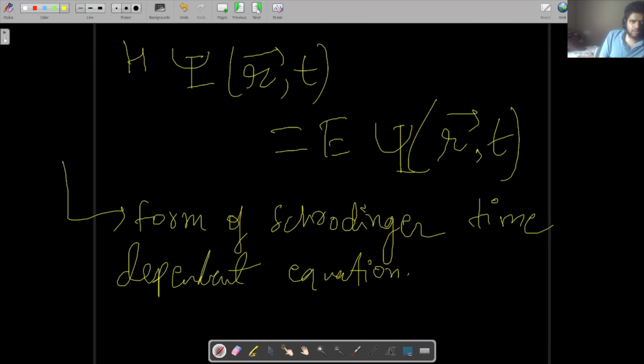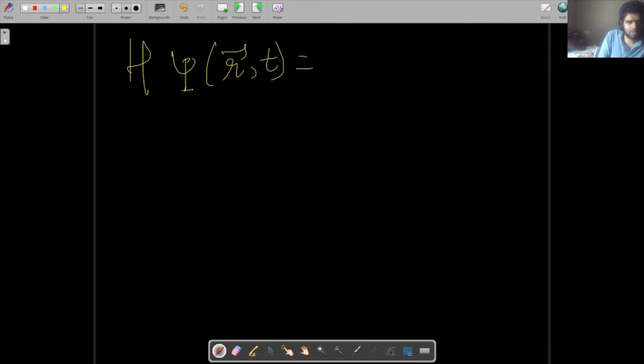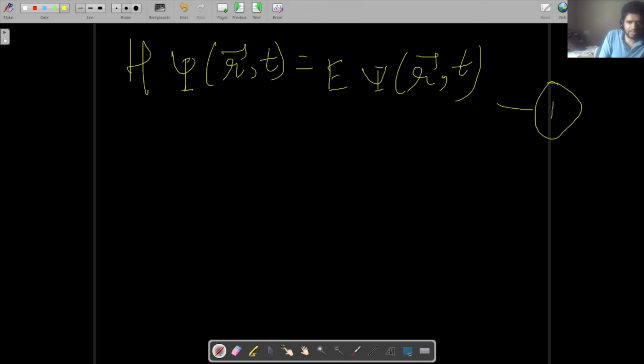And what are these over here? Basically, you have written H psi(r, t) equal to E psi(r, t). So what are these terms H and E over here? Let this be equation number one for the time being.